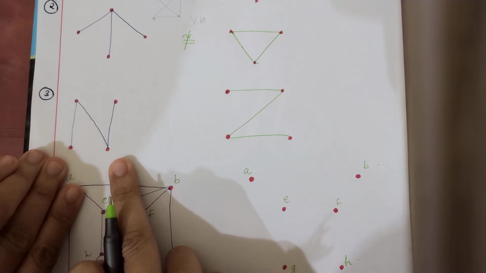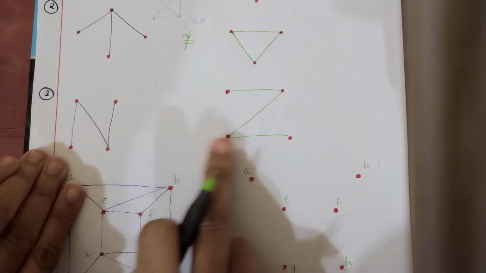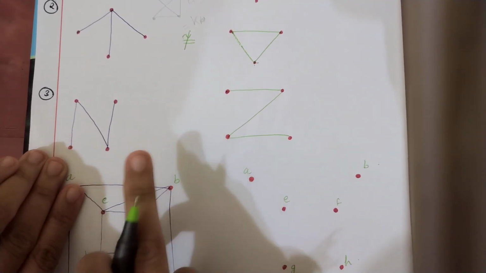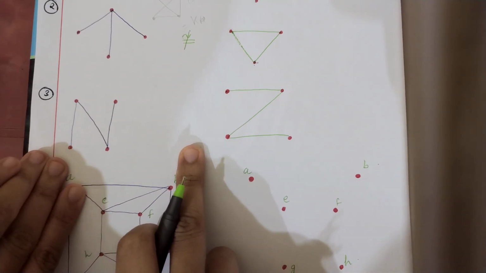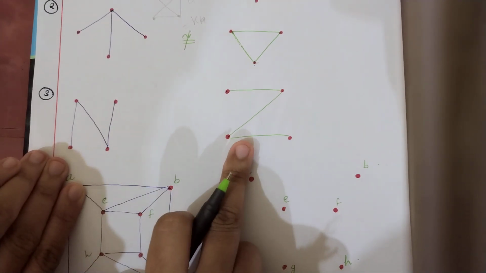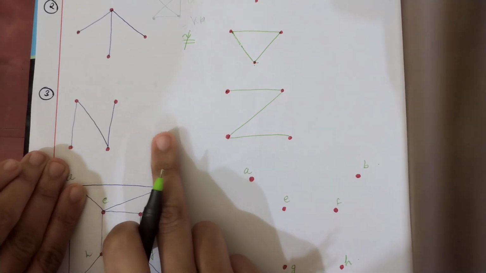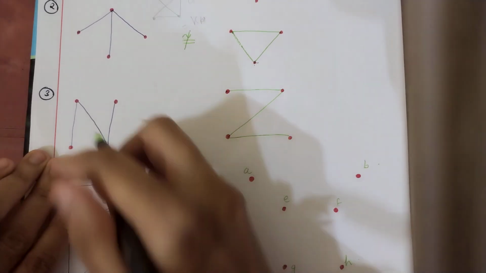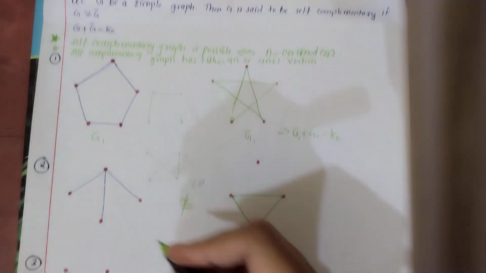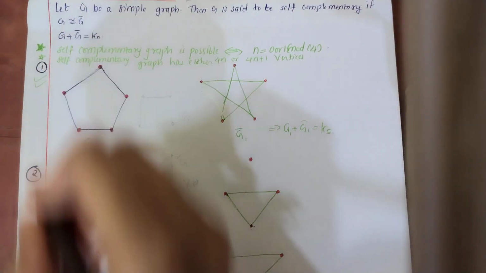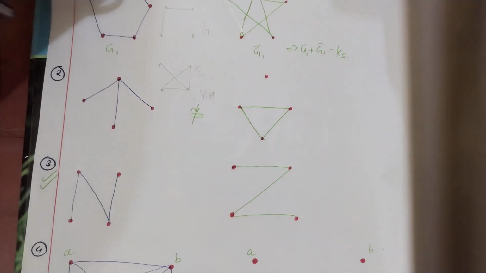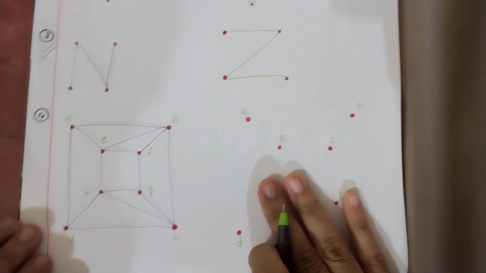Yes, it is isomorphic, and the number of edges and everything is the same, so we can say that it is isomorphic. And now just check, if you add this and this, will it give you a complete graph? Yes. So therefore this is self-complementary. The third one is a complete graph, the first one is a complete graph, and then the last one.